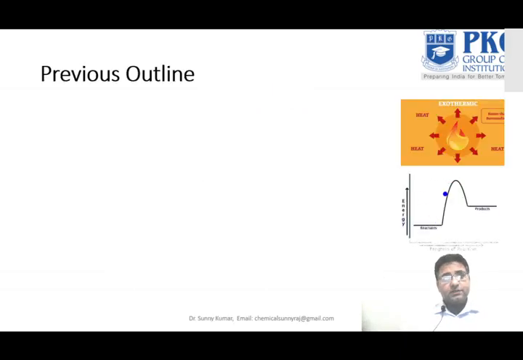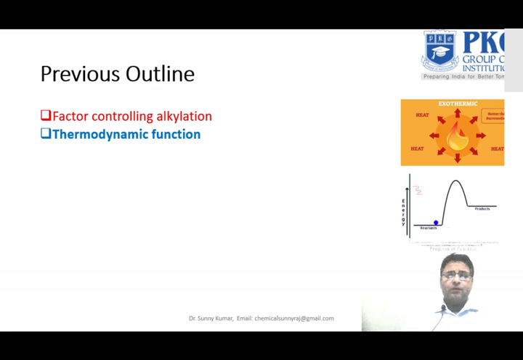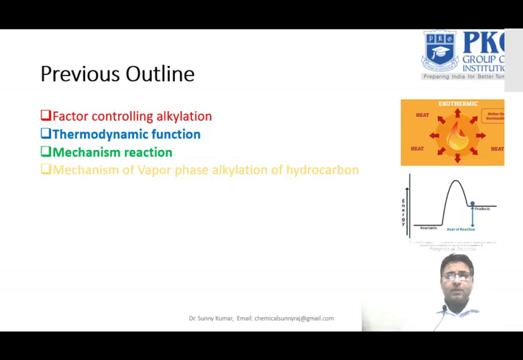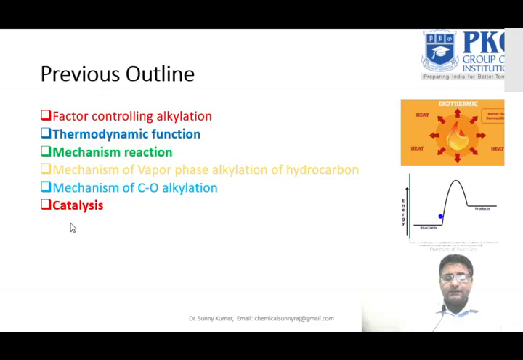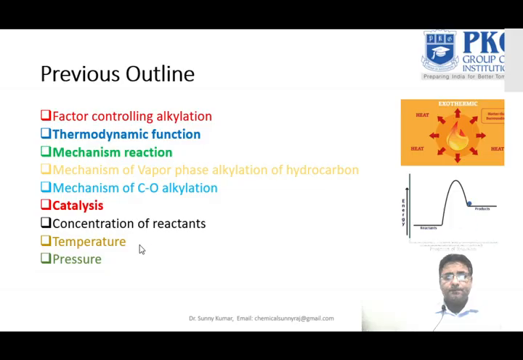So in the previous lecture we discussed the factors controlling alkylation: the different thermodynamic functions, reactions, mechanism of vapor phase alkylation of hydrocarbons, mechanism of carbon-oxygen alkylation, catalysis, concentration of reactants, temperature, pressure, and energy requirements.